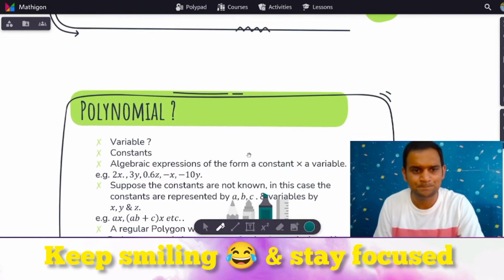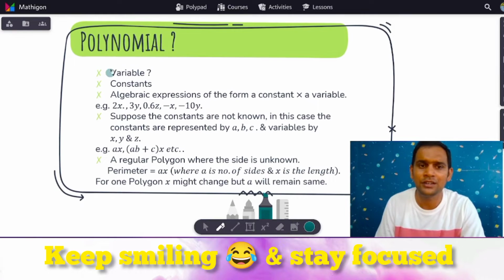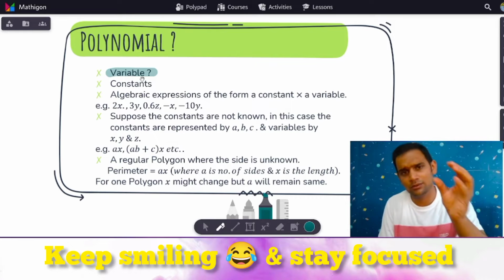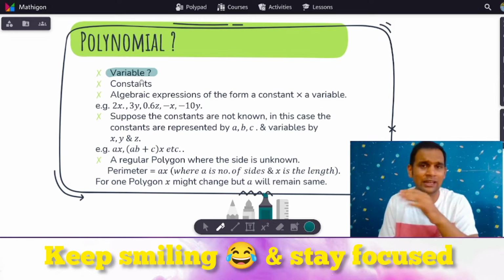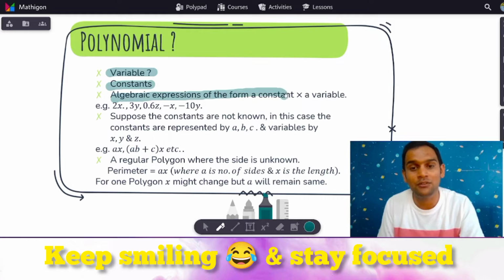So let's begin with understanding what exactly is a polynomial. First thing, are you clear with variable? I know you are. It's just the numbers which keep varying. So we represent it by alphabets. Constants are fixed values. Now, algebraic expressions of the form of a constant times a variable. What do I mean?